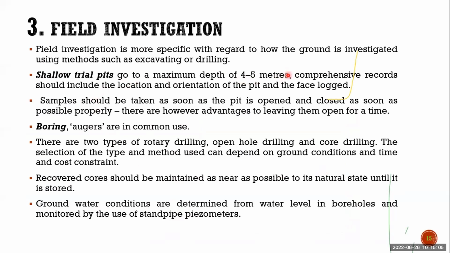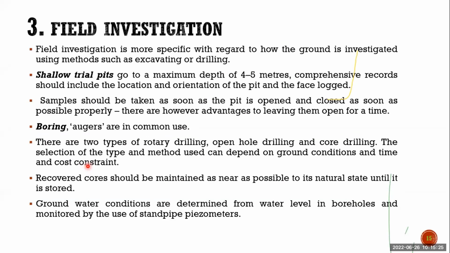Trial pits will be a maximum of 4 to 5 meters deep. The drawback is that with the trial pit, we cannot go deeper than that. But the good thing is that we can see the soil layer very clearly in all 4 directions. In the borehole, the sample is very minimal.